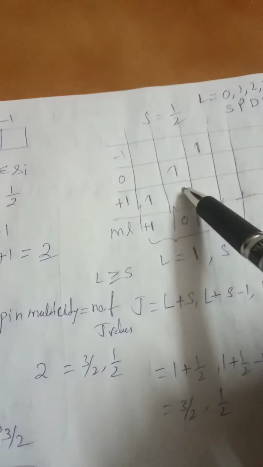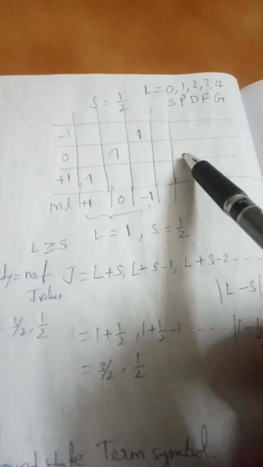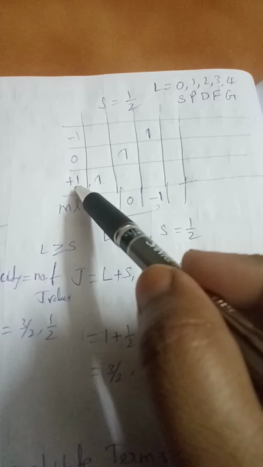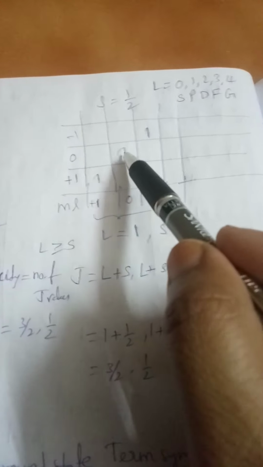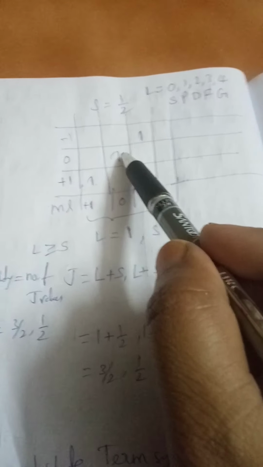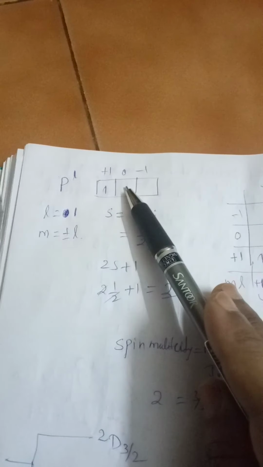Another method is to calculate all the term symbols possible in a particular configuration, using a diagram. Here are the possibilities. One electron is filled in this orbital; the second possibility is that the electron is in this one, or this one, or this one.